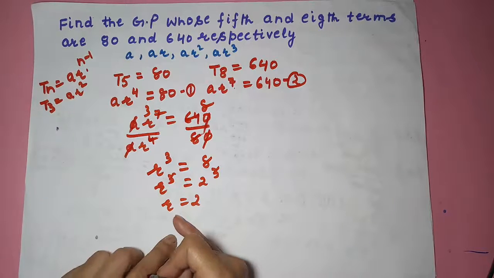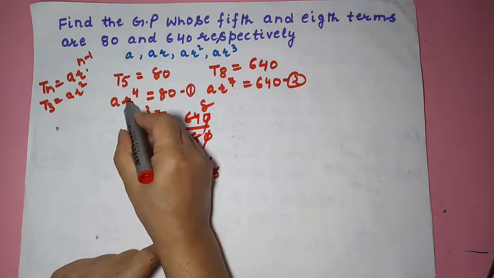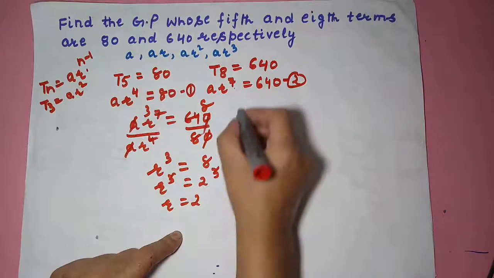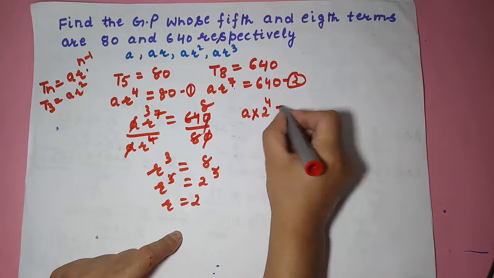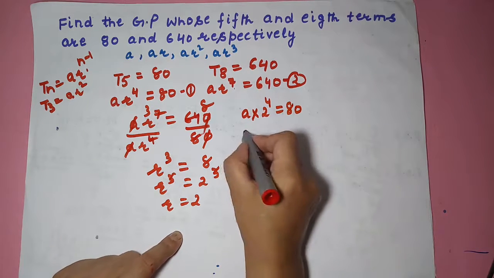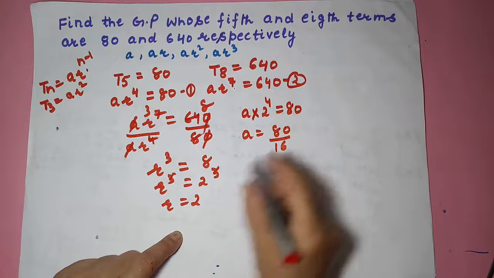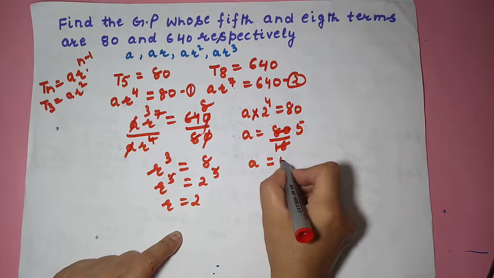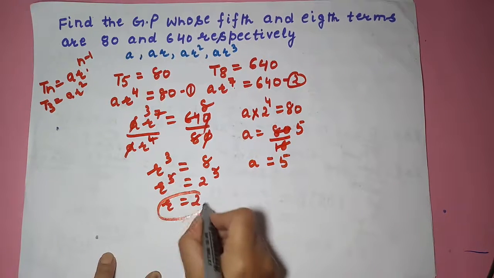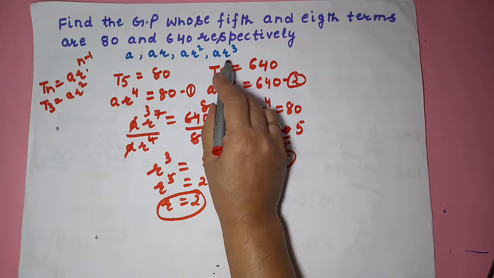Now you have calculated R, you can calculate A also. Let's substitute the value of R in the first equation. A into 2 raised to 4 is equal to 80, so A is 80 upon 16, which is 5. Now I have R and A, so I can find the GP series.